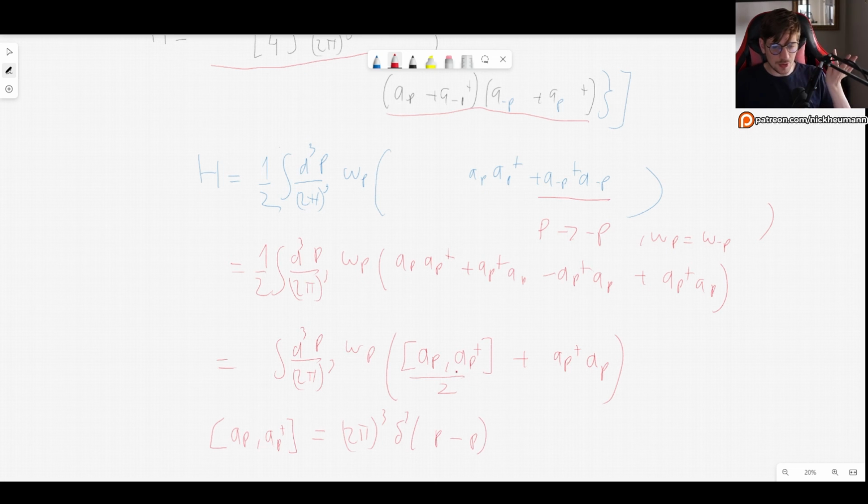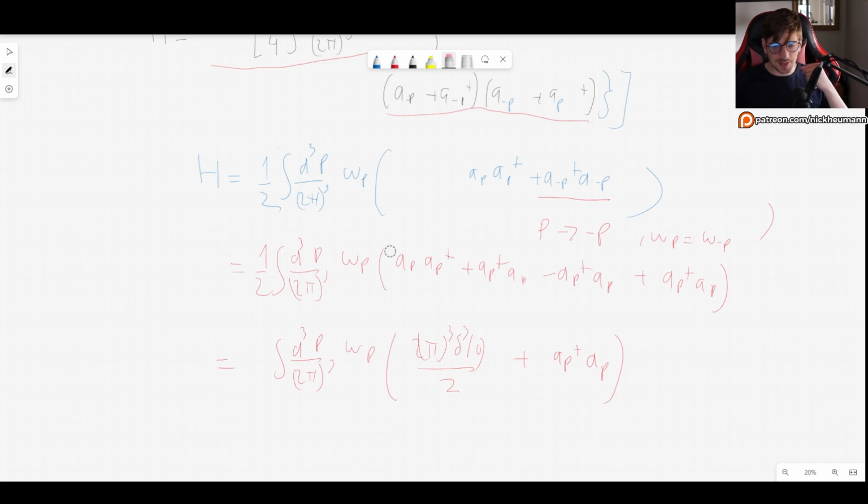Well, because they are not primed, that means simply delta cubed of 0. Okay, so we can now plug it in. So this thing right here would be (2 pi)^3 delta cubed of 0 over 2. Okay, and this is our result.